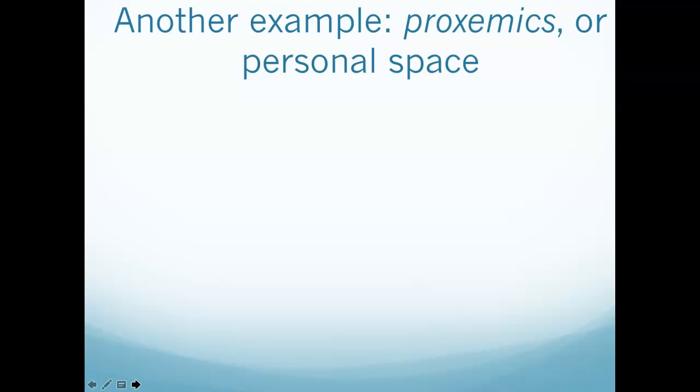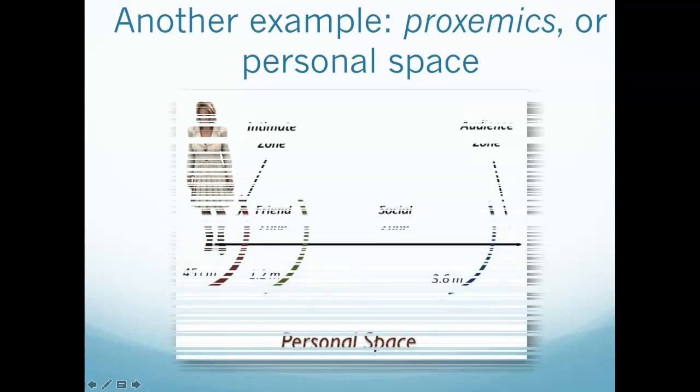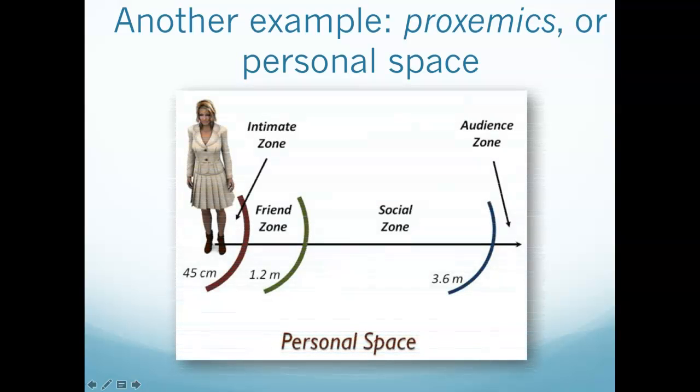Another example which gets into some of the same things is the idea of what we call proxemics, which is the study of personal space. And by the way, the reference from your textbook for personal space is page 133.